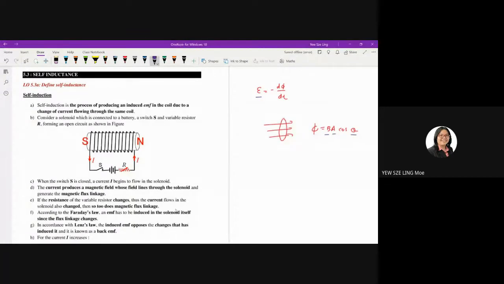Okay, so before that, in 5.2, we have seen what an induced EMF is, and we've learned how to generate it. In 5.2, if you remember, the things involved in the questions is just the magnet. What have you done to a magnet? You move the object inside a magnetic field and so on.